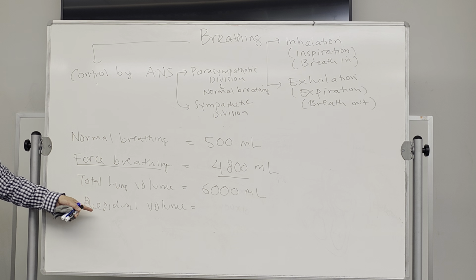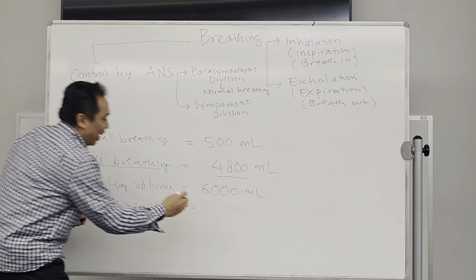That's what we call the residual volume. Can you calculate how much is actually the residual volume of our lungs from that calculation? Anybody can do it. Total volume is 6,000. We force all air, we try to take it out, but it's only 4,800. What is left?